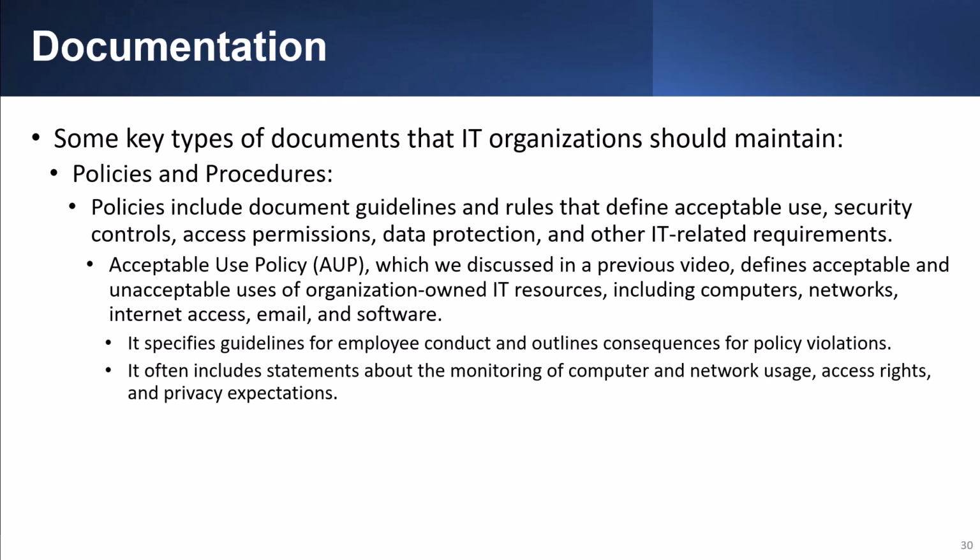Acceptable Use Policy, or AUP, which we discussed in a previous video, defines acceptable and unacceptable uses of organization-owned IT resources, including computers, networks, internet access, email, and software. It specifies guidelines for employee conduct and outlines consequences for policy violations. It often includes statements about the monitoring of computer and network usage, access rights, and privacy expectations.